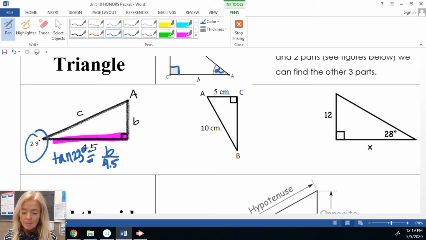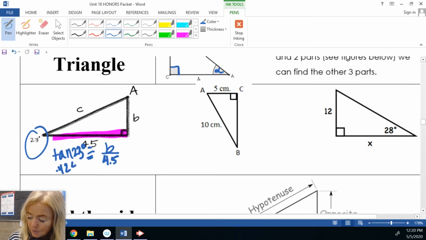It's an irrational number, but it's still just a number, and you can find that in your calculator. You can hit tangent 23 and hit enter, and it's a ratio of two sides, b to 4.5, and it's 0.4245. So we have two numbers that are equal to each other: 0.4245 is equal to b over 4.5.